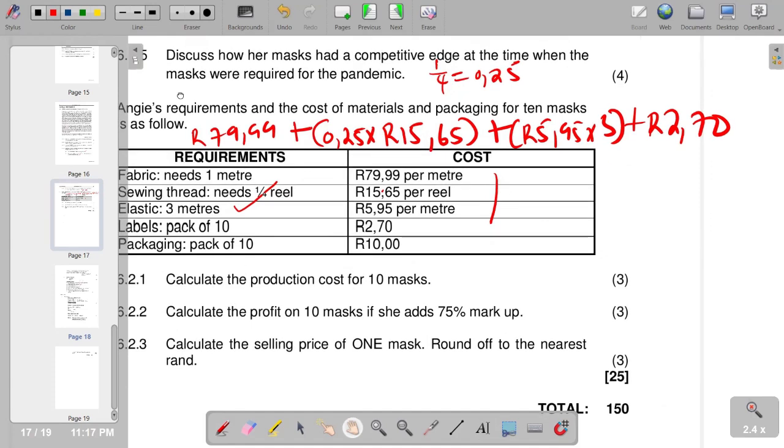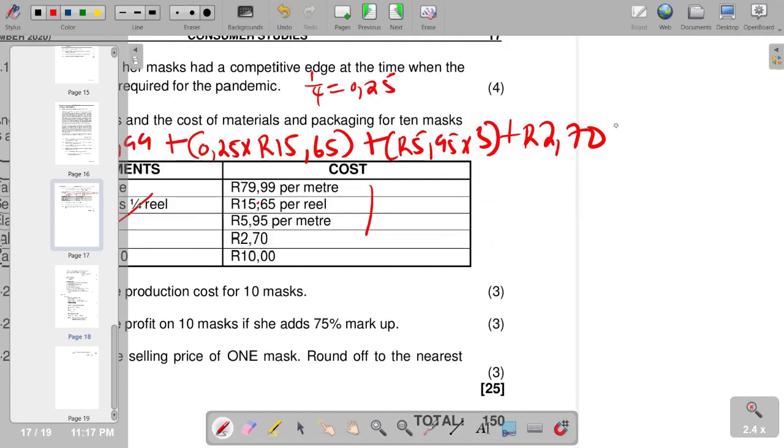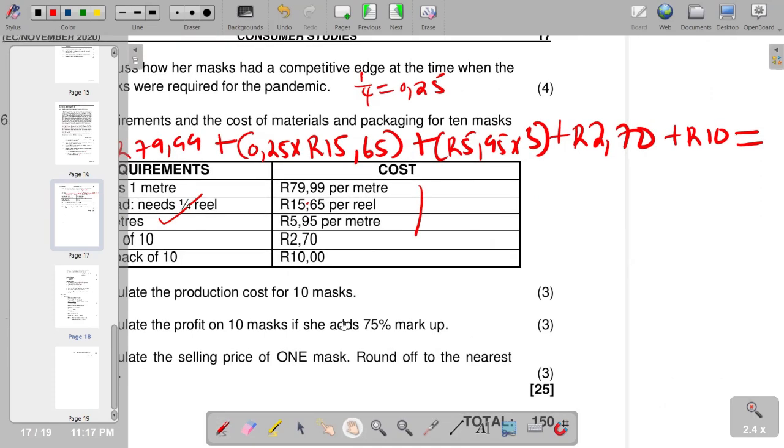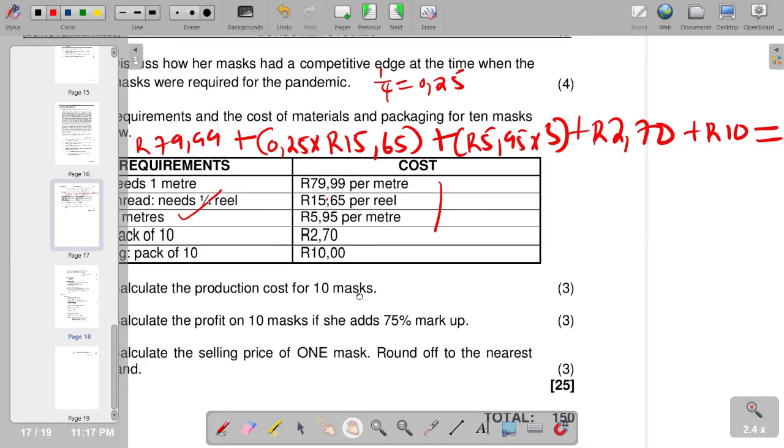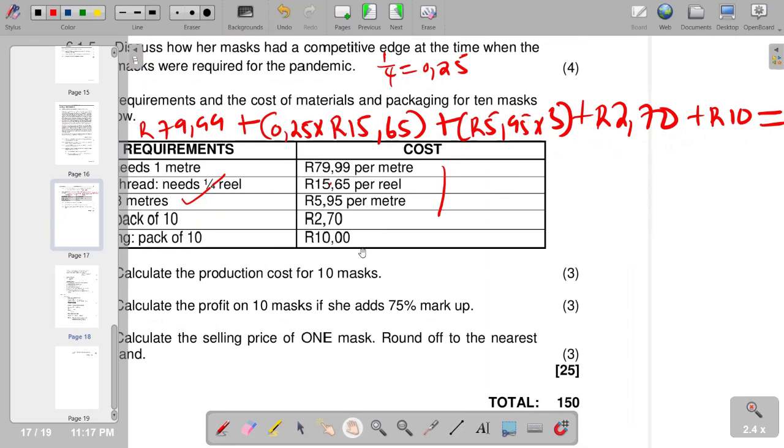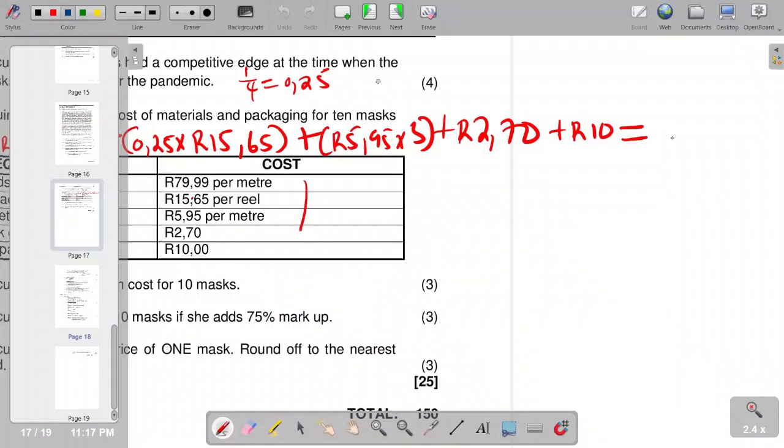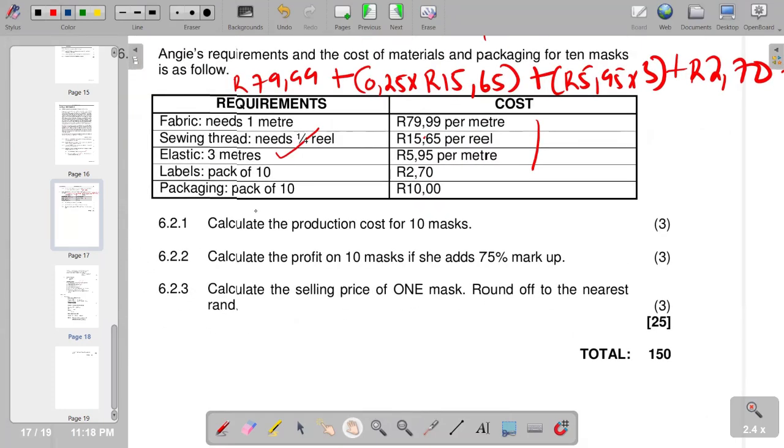So we also add 10 rand. So we can calculate it like that and see what exactly we get. So let's just try to calculate. You get 114 rand 45 cents. So this will be the total cost for 10 masks on 6.2.1.